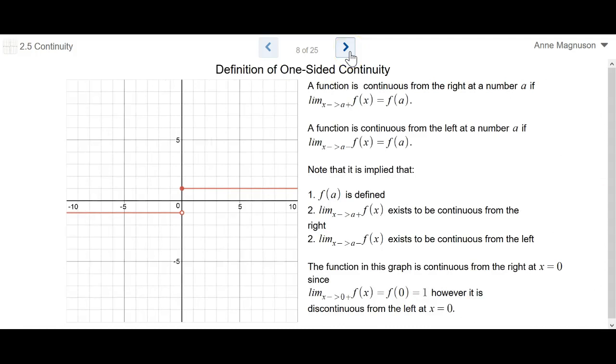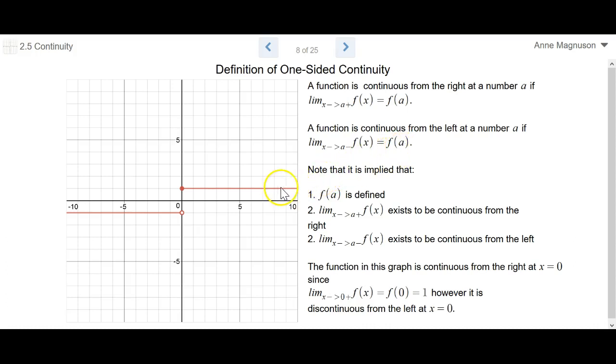So there is the concept of one-sided continuity. That's where the limit from one side exists. If a function is continuous from the right, the limit from the right exists and is equal to f of a. And likewise, if it's continuous from the left, the limit from the left exists and is equal to f of a.